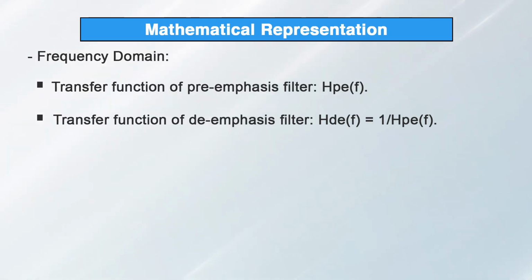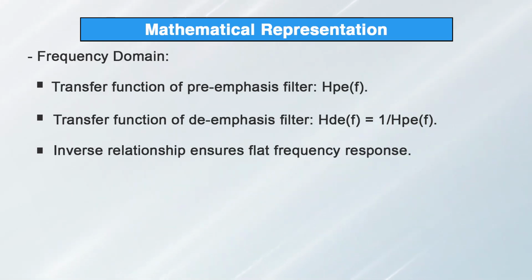If we denote the transfer function of the pre-emphasis filter as H_pe(f), then the transfer function of the de-emphasis filter H_de(f) can be expressed as H_de(f) = 1 / H_pe(f). This inverse relationship ensures that the overall frequency response of the system remains flat.